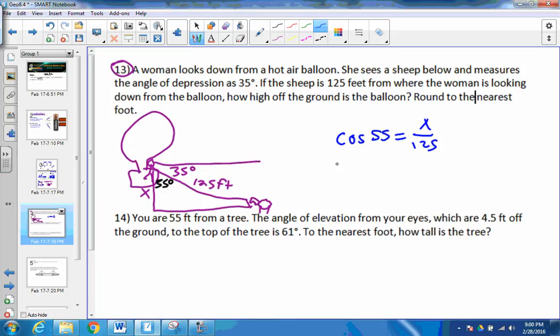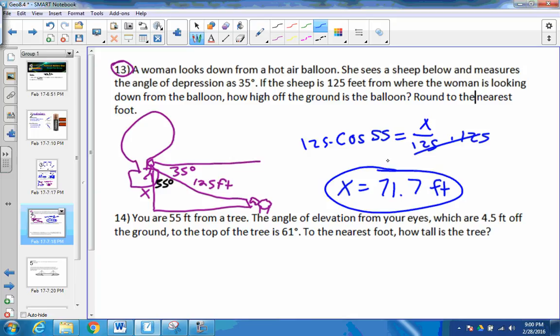And we can then solve for x by multiplying both sides by 125. So x is equal to 125 times the cosine of 55, which is equal to, according to my calculation, 71.7 feet. So that hot air balloon is 71.7 feet off the ground.